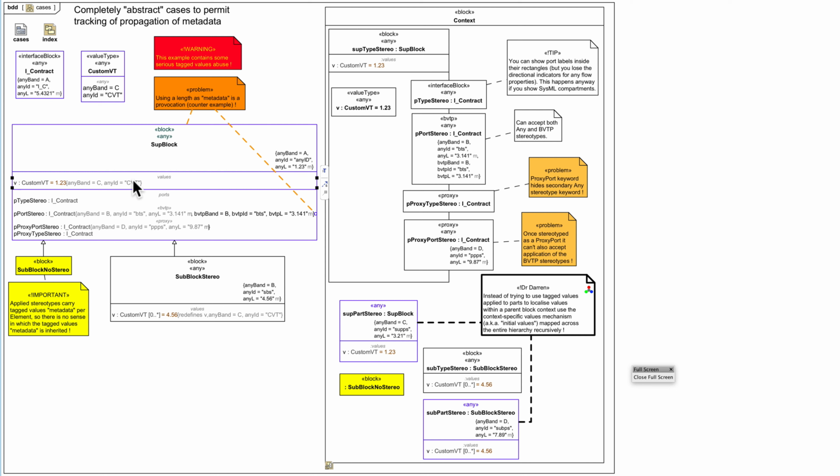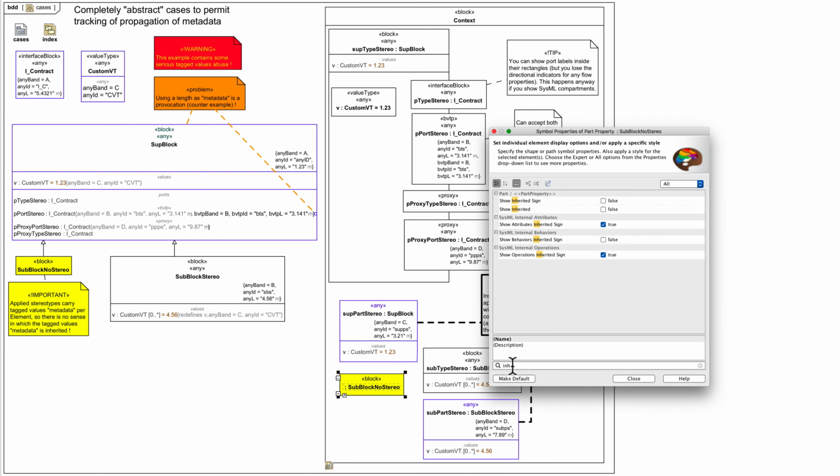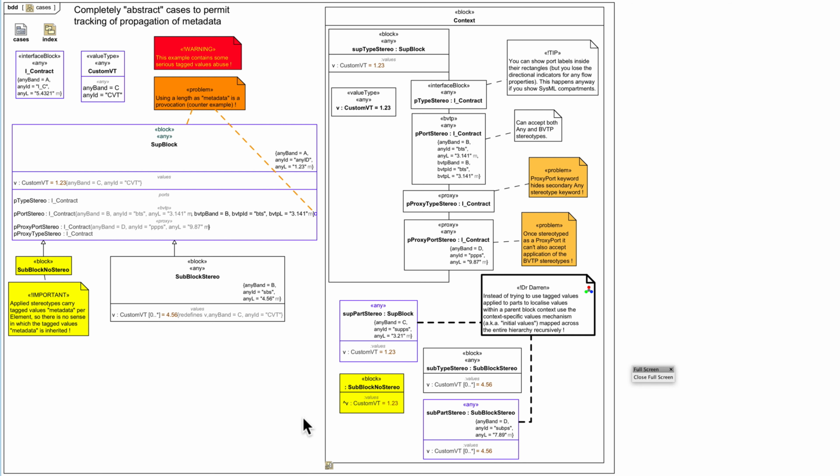Whereas this information can be reused. In fact, I can show on here values, and if I make sure I show inherited, there it is. Consistent reuse of the information. Whereas this information can't be accessed. No use to me at all.